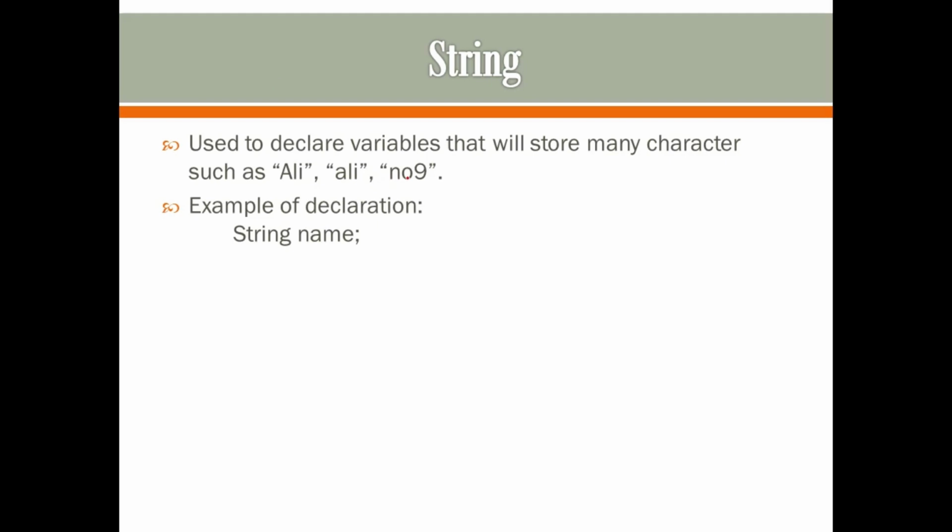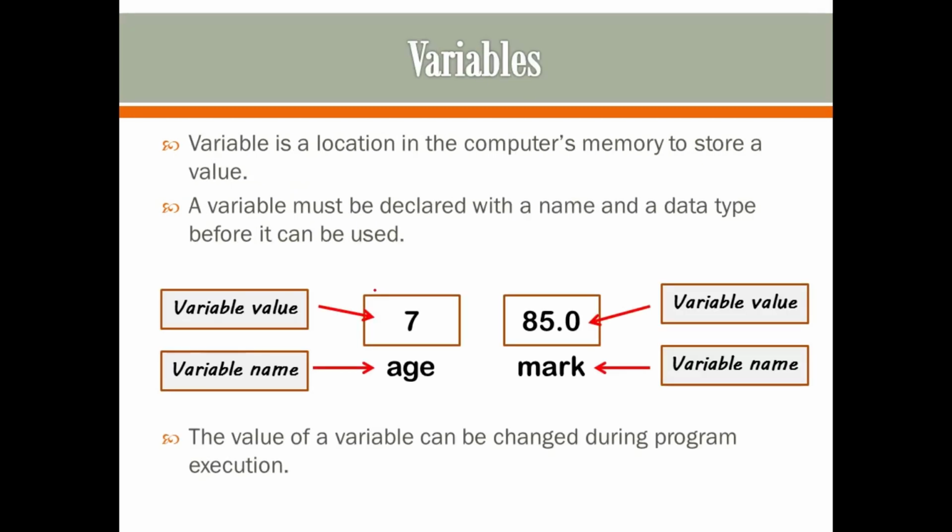So we store many characters, like string name. How to declare the string name? Or string gender. We can use male or female instead of M or F. Okay, clear?